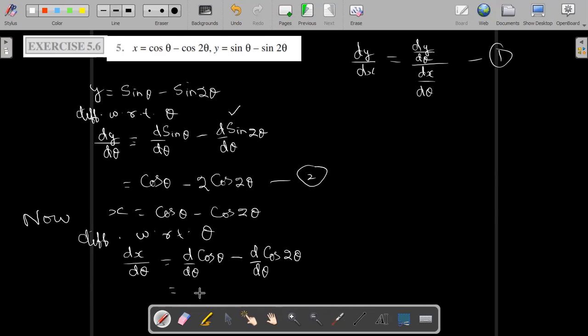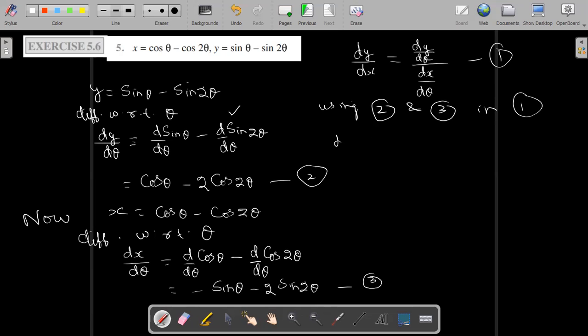The differential of cos theta is minus sin theta, and for cos 2 theta it is minus sin 2 theta, and the differential of 2 theta is 2. So using the second and third equations, put them in equation number 1.